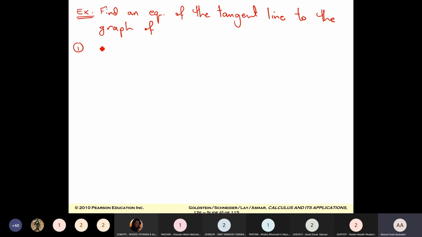We need to find the tangent line equation if f of x equals 2x to the power 3 minus 3x squared minus 4 at x equals -1.